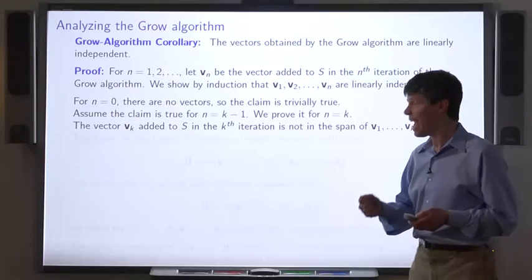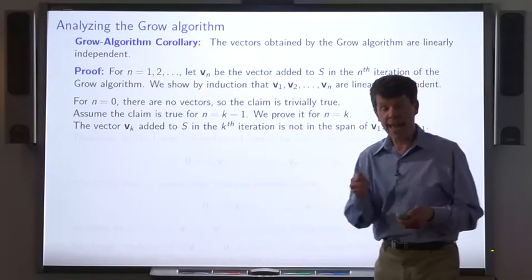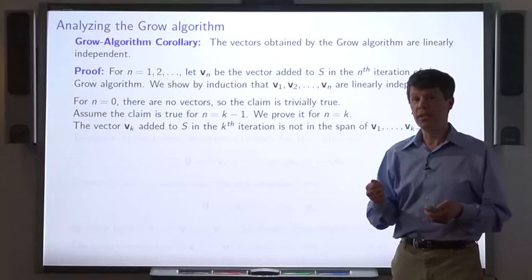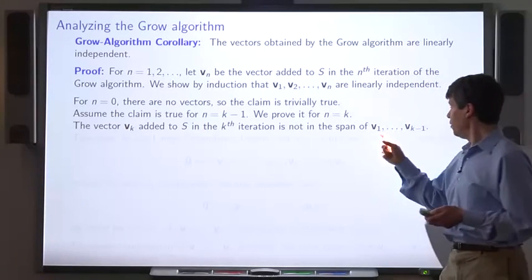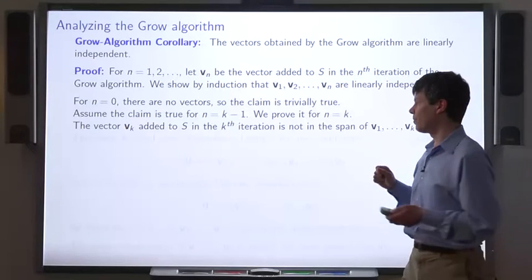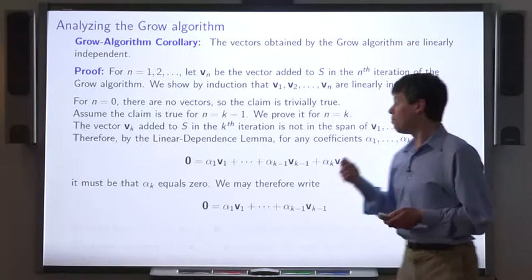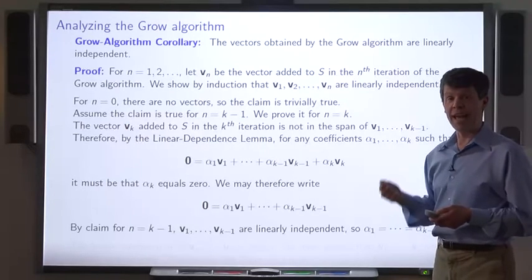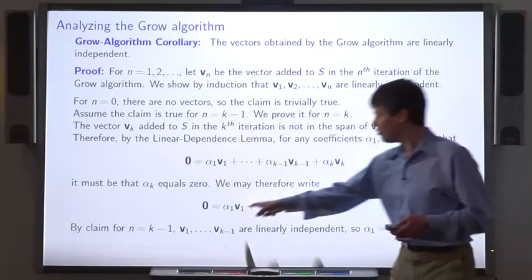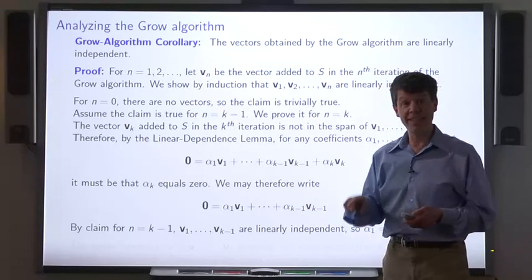The vector vk added to S in the kth iteration is not in the span of the previously added vectors v1 through vk minus 1. Therefore, by the linear dependence lemma, if you write 0 as a linear combination of the vectors v1 through vk, it must be that the coefficient of vk equals 0. You can rewrite the equation this way without vk, but by the inductive hypothesis, the claim for n equals k minus 1, the vectors v1 through vk minus 1 are linearly independent.